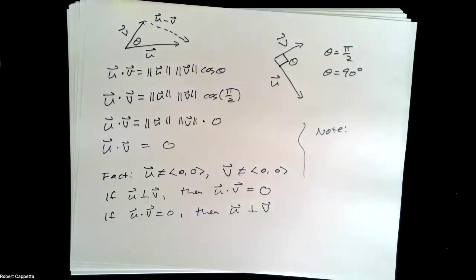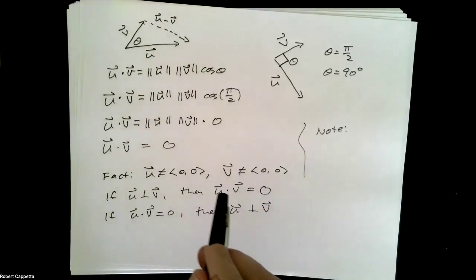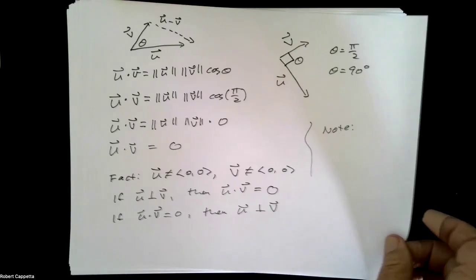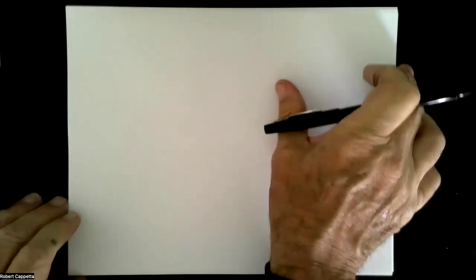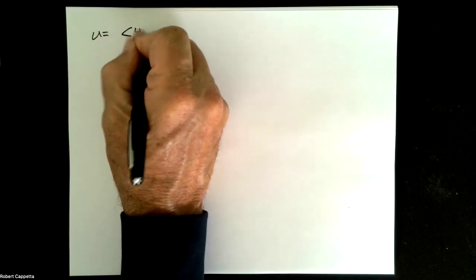So what do we want to do with that? We want to think about this from a geometric perspective. Now, this works for two-dimensional vectors, three-dimensional vectors, n-dimensional vectors. This is a standard concept. So let's create a vector u, which is 4, -1, 3.